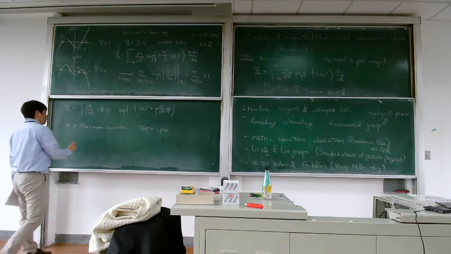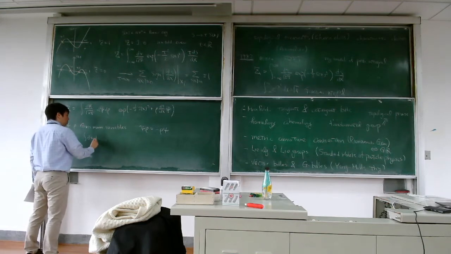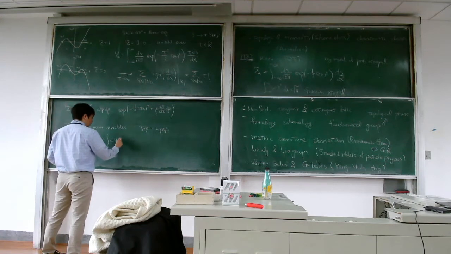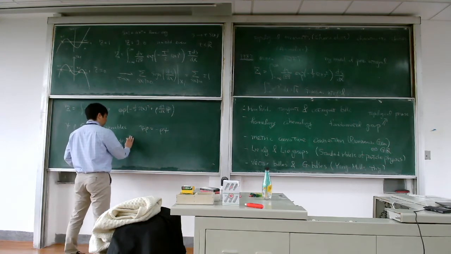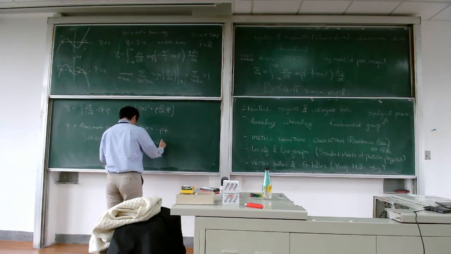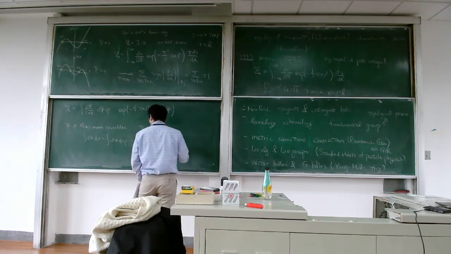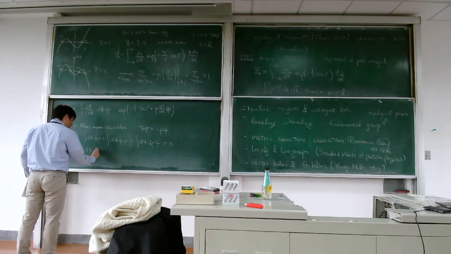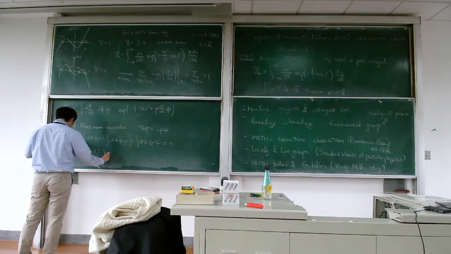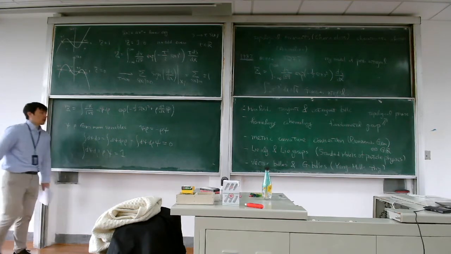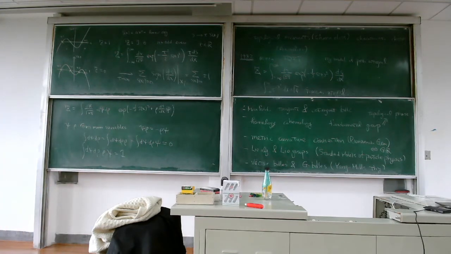Also, the integral over d psi d rho of psi is equal to 0. Only d psi d rho psi rho, or depending on the order rho psi, is equal to 1. So this is the role of Grassmann variables.